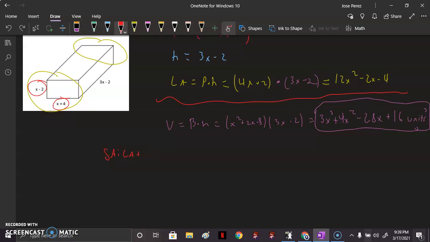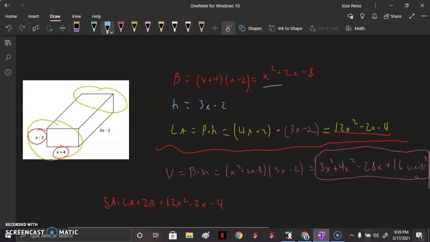So what we would get, interpreting this, the LA, we have 12x squared minus 2x minus 4. And then we add the second base. We basically get this base and multiply it by 2.